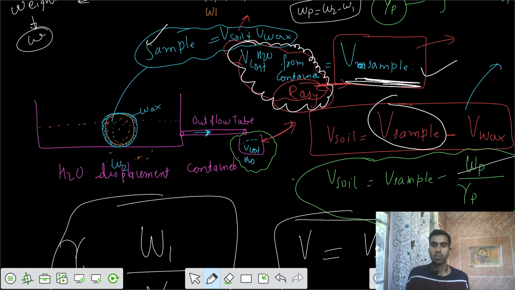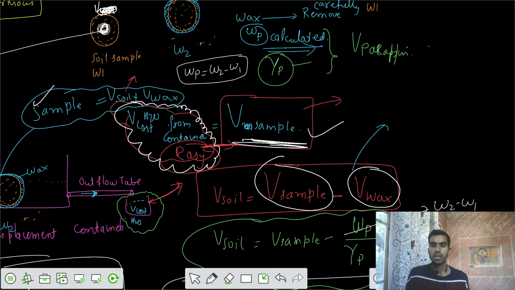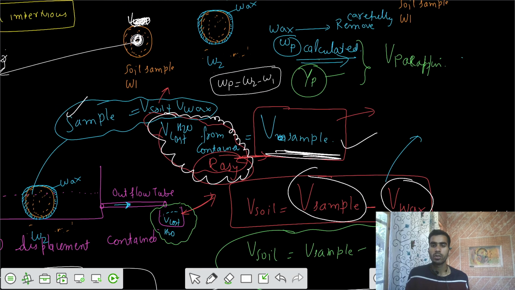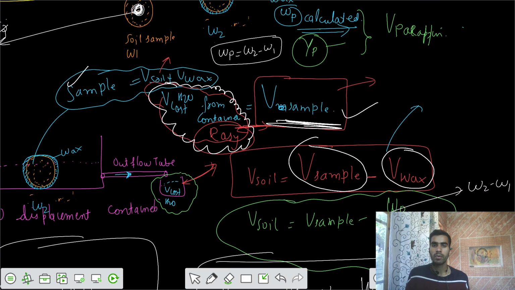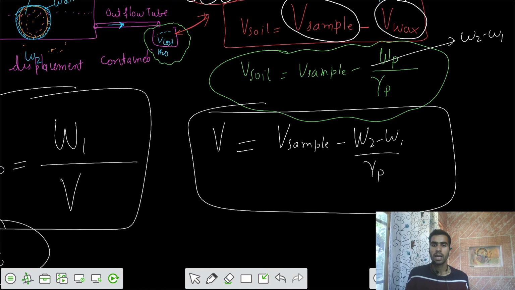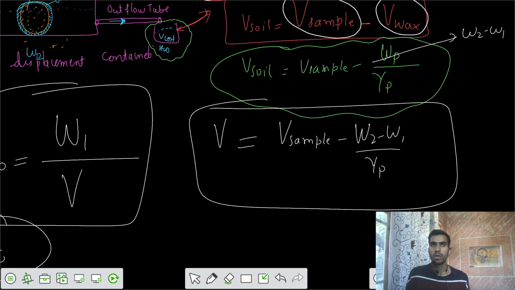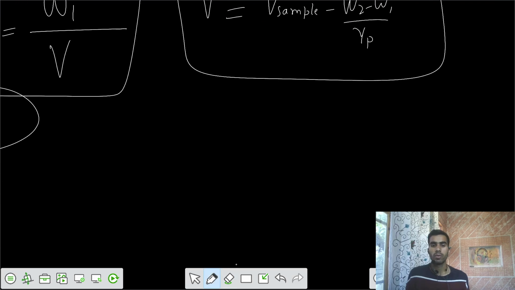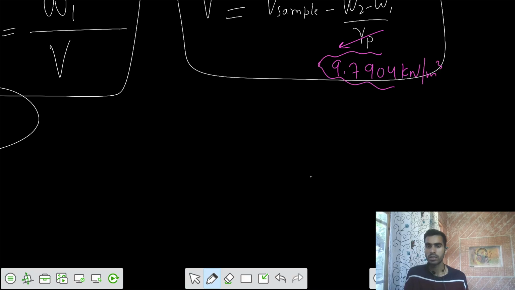Now we also need the volume of the paraffin. That is the weight of paraffin divided by the unit weight of paraffin. The weight of paraffin we calculated as W2 minus W1, and the unit weight of paraffin is usually around 9.7904 kilonewton per meter cube, which would be provided to you in the calculations.